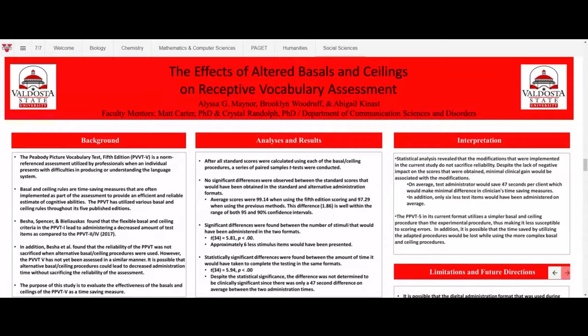With the altered basals and ceilings, we wanted to see if this would make a difference in scoring. So we did a test comparing the scores between the PPVT-4 and the PPVT-5.